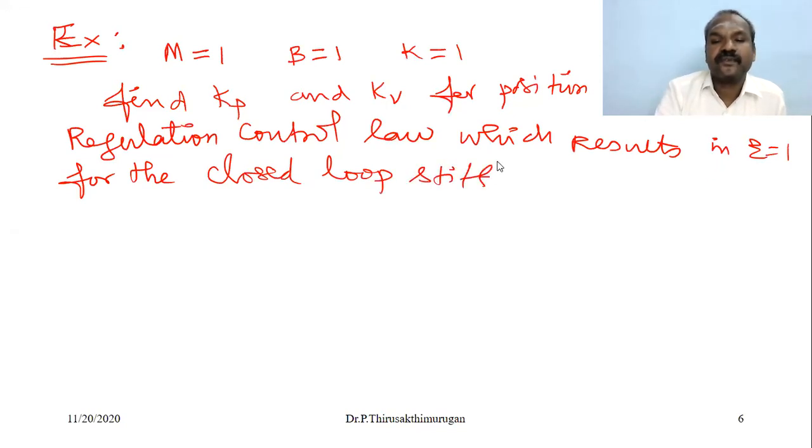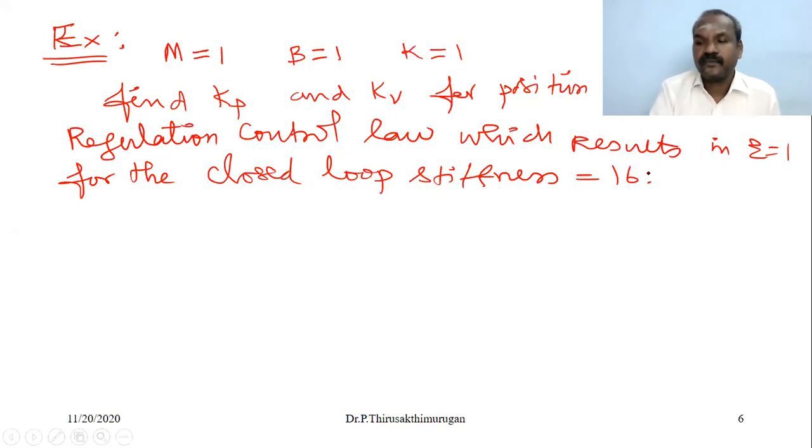What is the closed loop stiffness? The closed loop stiffness is 16. That is k dash.